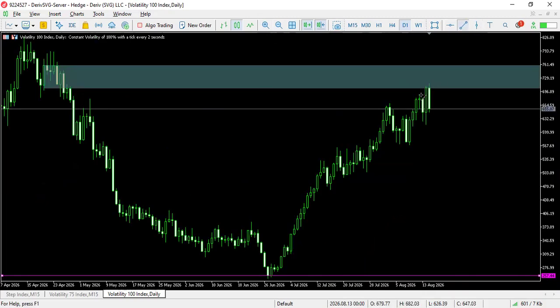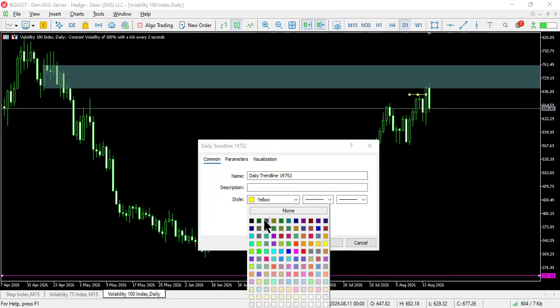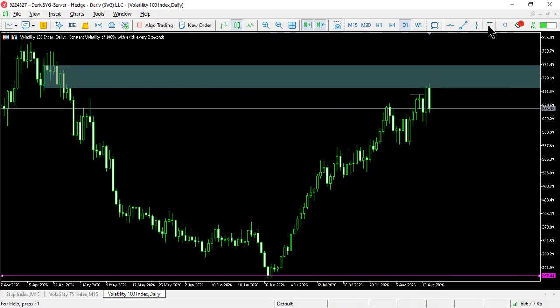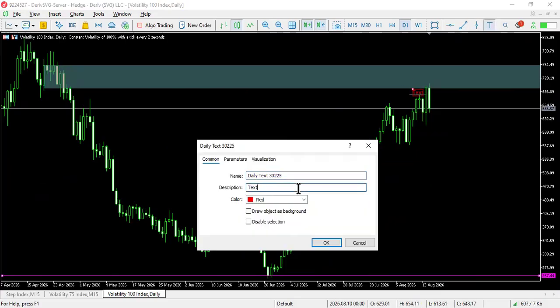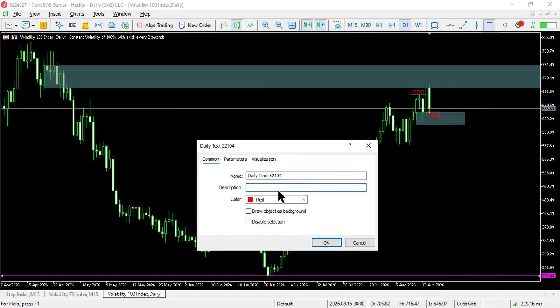From the daily time frame, we have that break of structure. That break of structure. And then there is an order block right there where price looks like it has just stepped in and we are pushing.